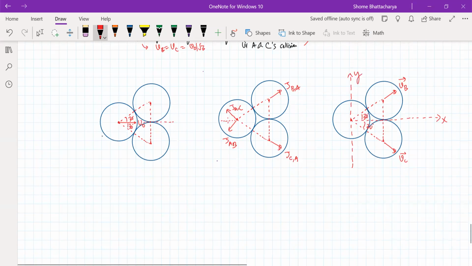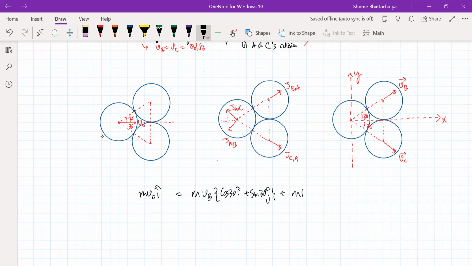Before impact, the momentum of the system was m v0 i cap. After impact, it becomes m vB (cos 30 i cap plus sin 30 j cap) plus m vC (cos 30 i cap minus sin 30 j cap).